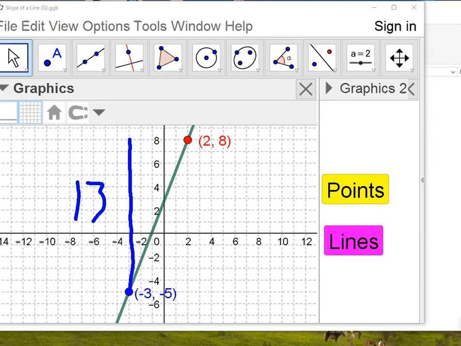Okay, the way to find the change in x is if you just take the second x value and you subtract the first. What do you think that gives you? 1, 2, 3, 4, 5, right? Okay, and the way we're going to write that is the second x value, which is 2, minus the first, which is -3.